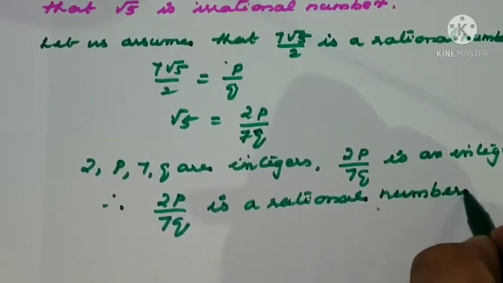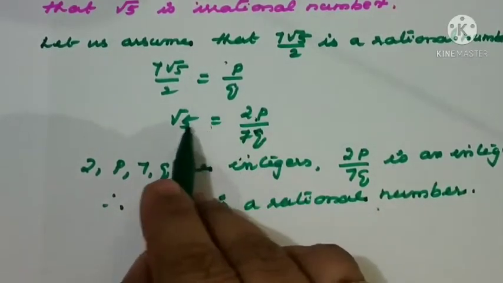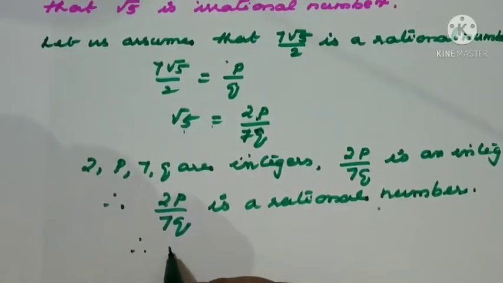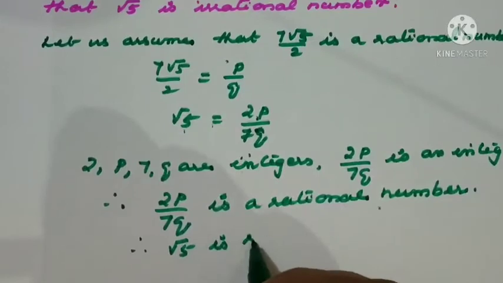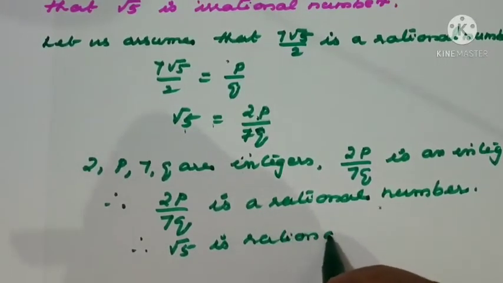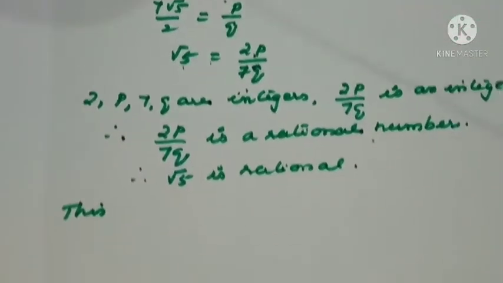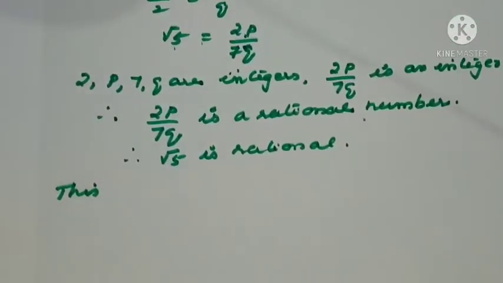See, one side is rational and equal to the number, which means this side is also rational only. Therefore, root 5 is rational. This contradicts what is given in the question, that root 5 is irrational only.